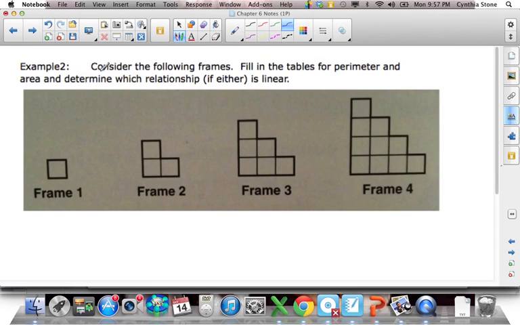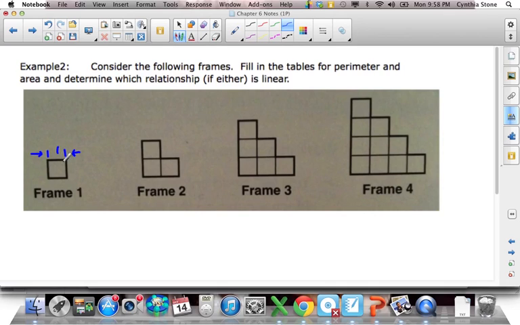Okay, another one. So this time, just so you understand the question, this one as well is this length here is 1. So the length of each little box on this one is 1. So let's work out our perimeters and areas.